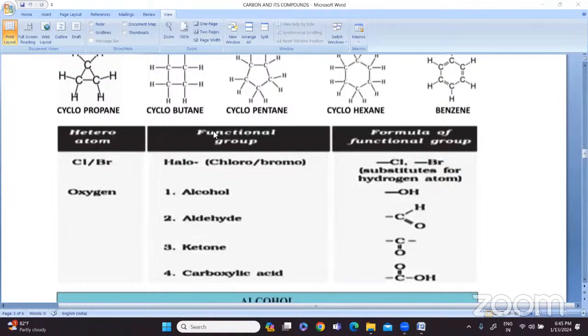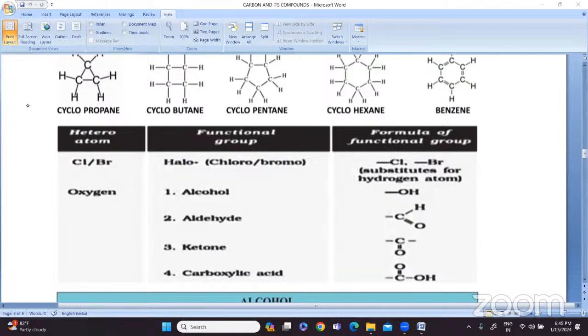Now, when you have a heteroatom, what do you mean by heteroatom? Hetero means other than carbon and hydrogen. When you have other atoms, they are called heteroatoms.